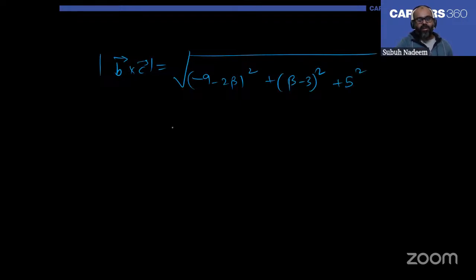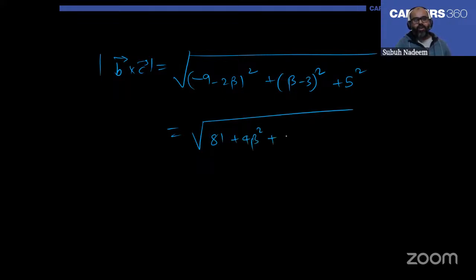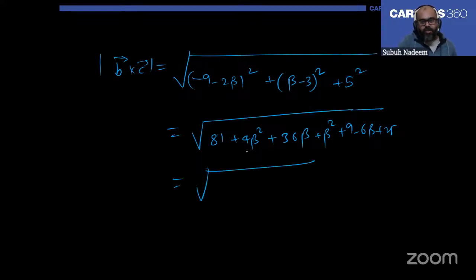This will be 81 plus 4 beta square plus 36 beta. Then it is beta square plus 9 minus 6 beta plus 25. So this becomes 4 beta square plus beta square, that is 5 beta square.